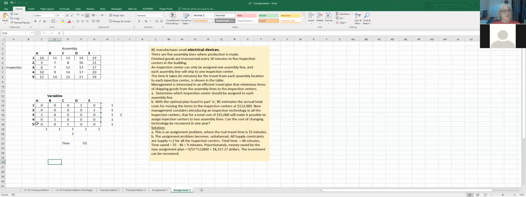So let's say we eliminate this inspection possibility. We don't know which one of those needs to be eliminated. We want the solution to tell us. So just from the perspective of transporting time from assembly line to inspection centers, what's the best solution?